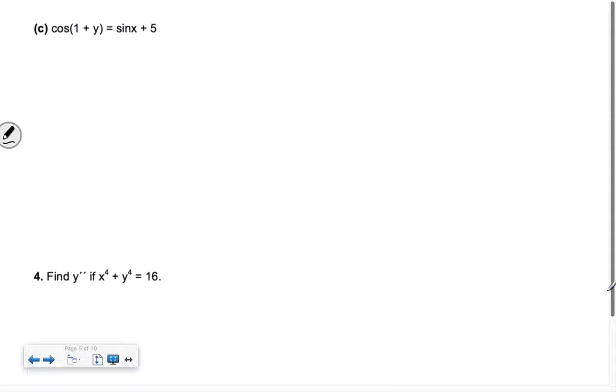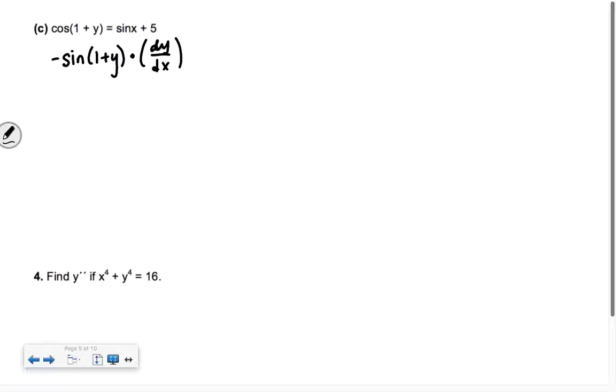Occasionally you have something really weird where you have a chain rule kind of thing going on. So let's do this one: cosine of 1 plus y. Its derivative is going to be negative sine of 1 plus y times the derivative of the inside, right? What is the derivative of 1 plus y?